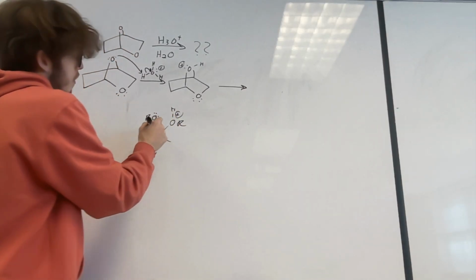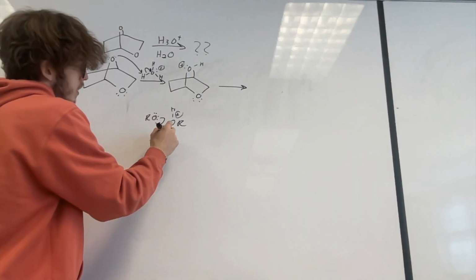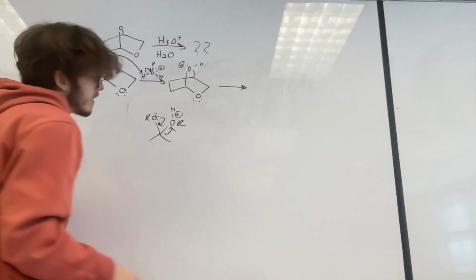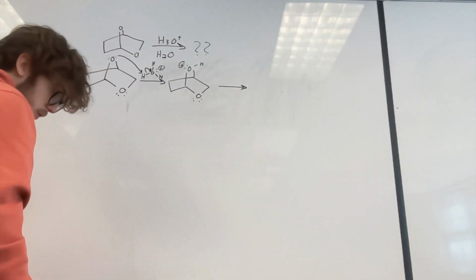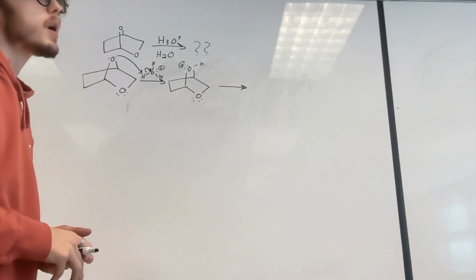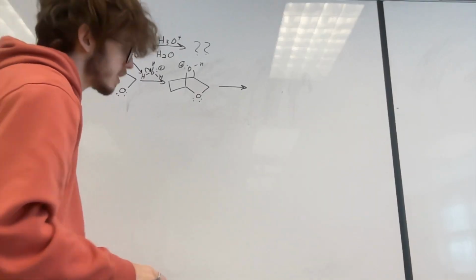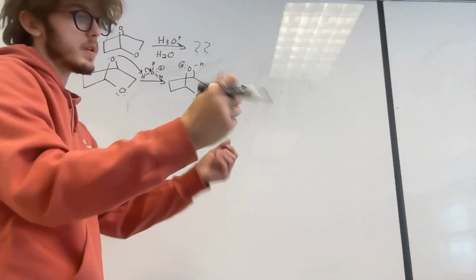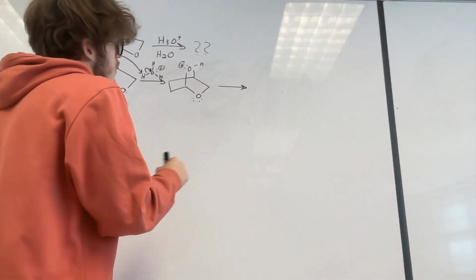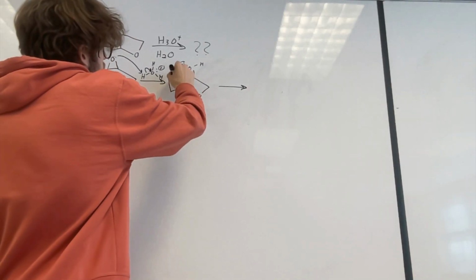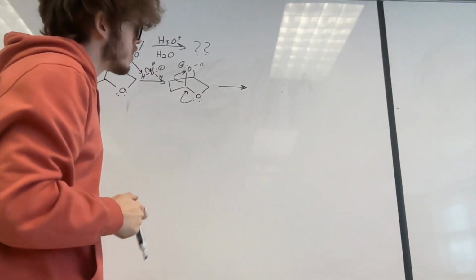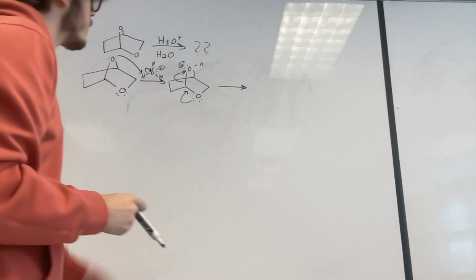So our oxygen here is going to fold in and kick off that group as an alcohol leaving group. Now, in this case, since we're stuck in a ring here, it doesn't quite leave the molecule, but it leaves that section. It gets kind of broken off, right? Take a Lego piece and snap it off. That's a way that you can view this. So these lone pairs here are going to fold in, and this is going to help that oxygen leave. It's a more favorable process.